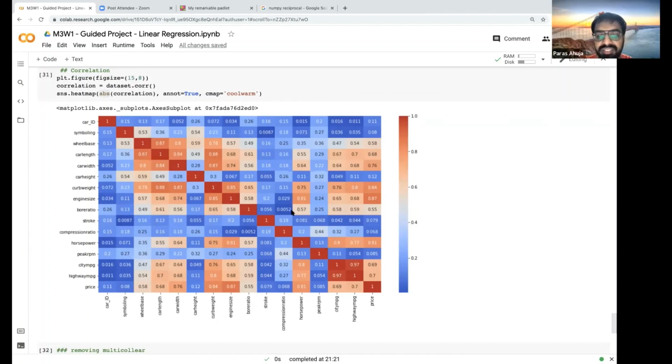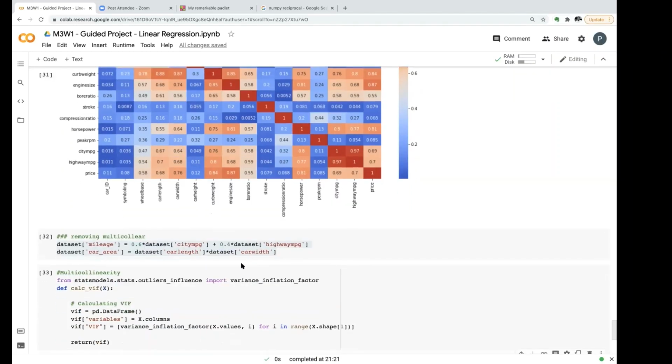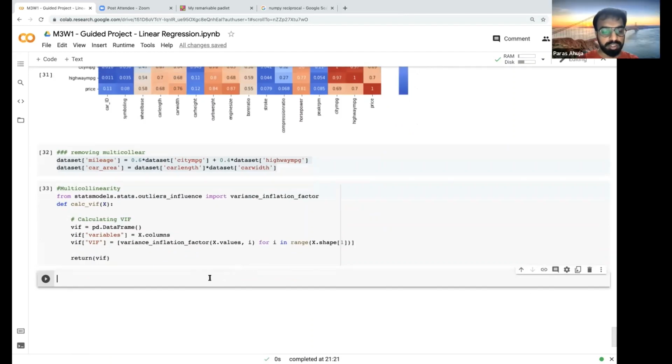With this VIF analysis, whatever we are doing, we'll be doing only on independent variables, right? That's why we'll ignore price. And the other thing is that car ID, as I told you, is just an observation ID. It has nothing to do with the price. So what I'll do is I'll get the VIF for everything except car ID and price.